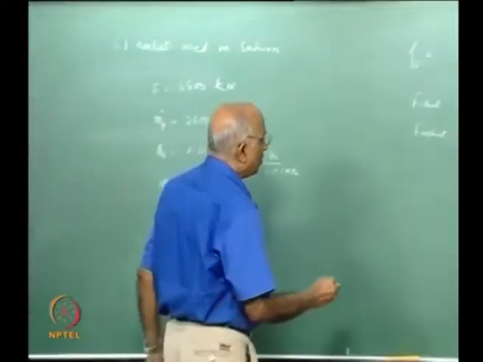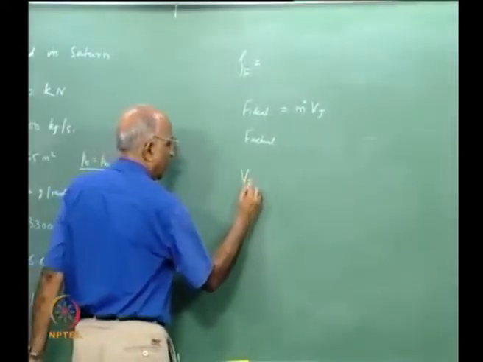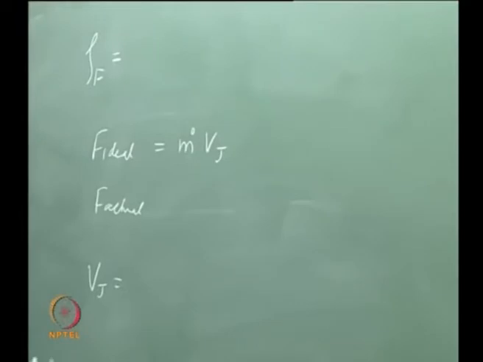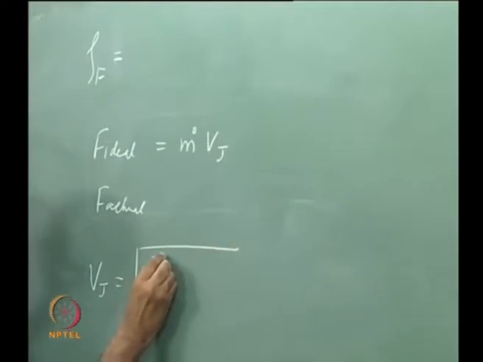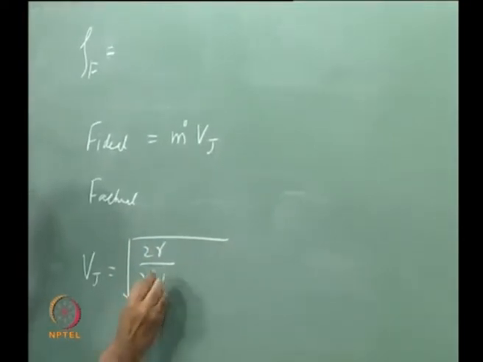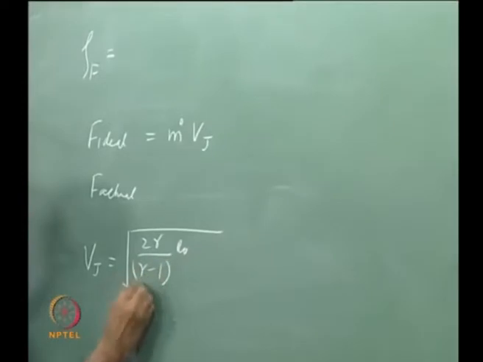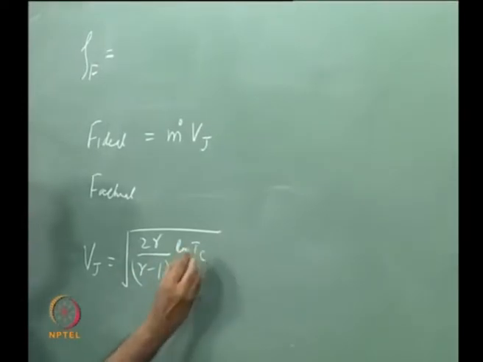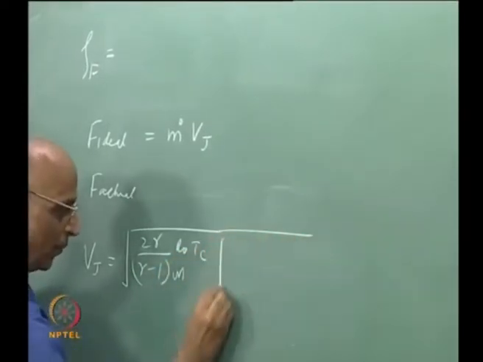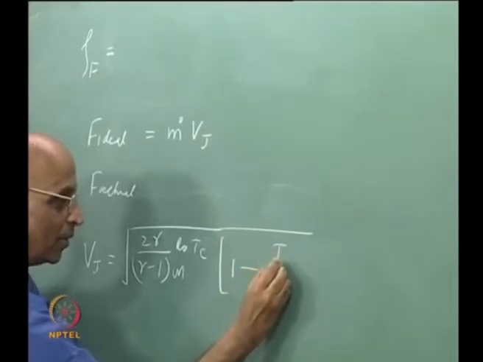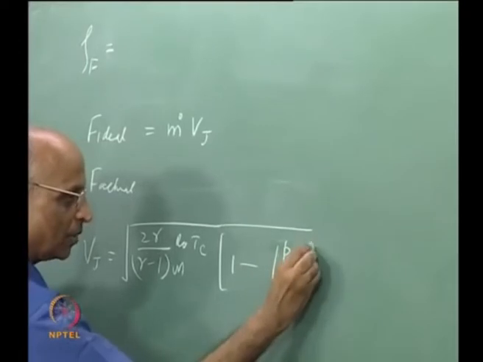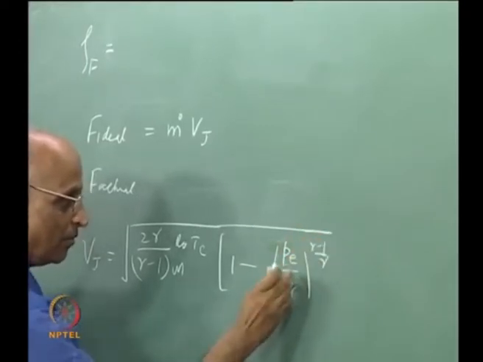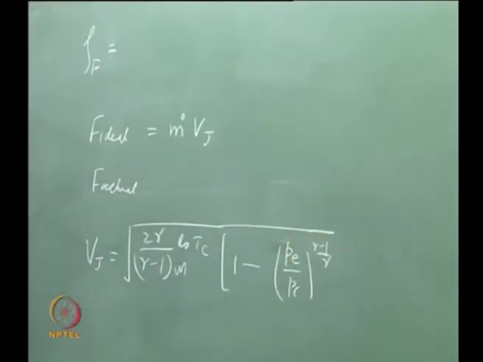And how do I get the value of Vj? We derived the expression Vj squared is equal to 2 of the enthalpy difference, which came out to be 2 gamma by gamma minus 1, R naught by molecular weight, Tc into 1 minus Pe by Pc to the power gamma minus 1 by gamma, where Pe is the ambient sea level pressure.